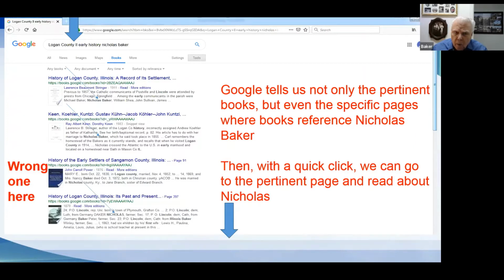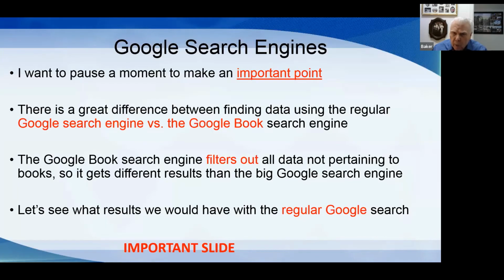You see on the left, I've made some smaller arrows that point to his name within certain history books. I've also found one down there that had the same name, but he was the wrong person. Sometimes we get that with people who have a common name. But now we know where he is in the book. And so now with a quick click, we can go and read about him right there in the book.